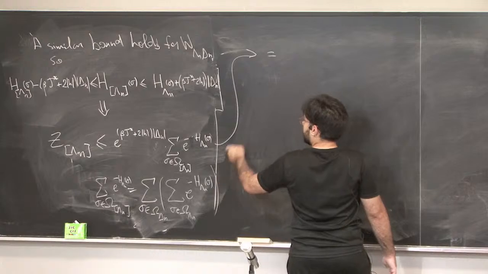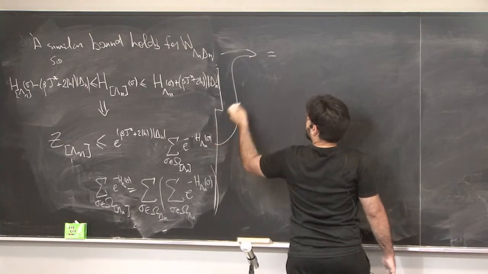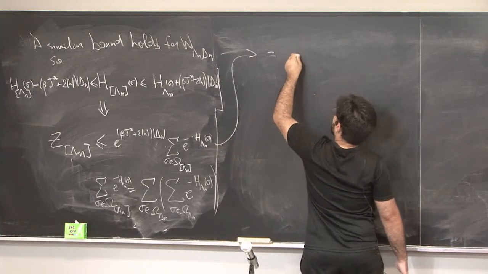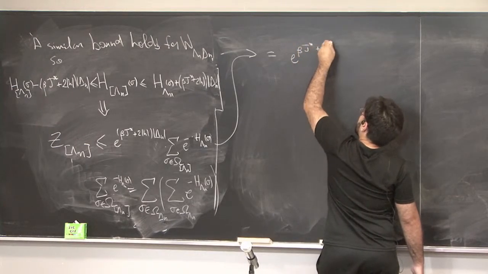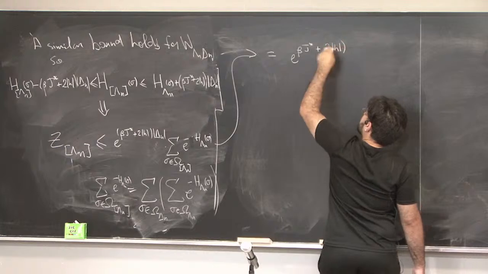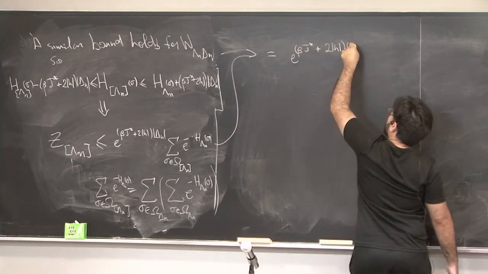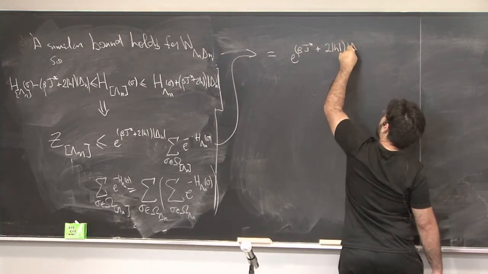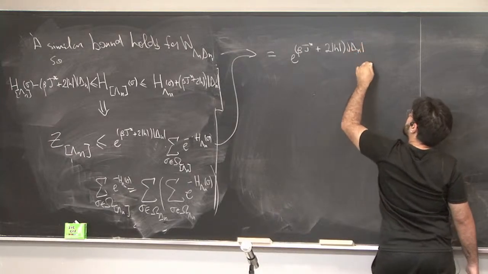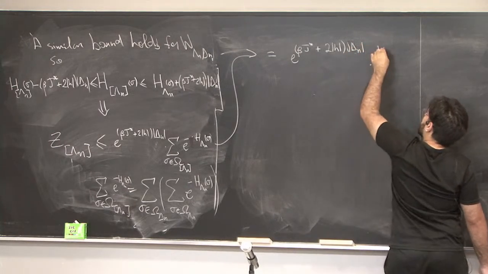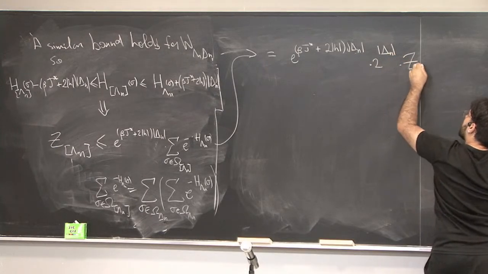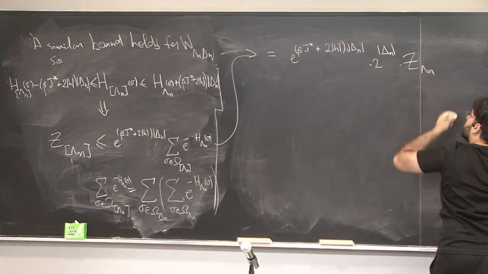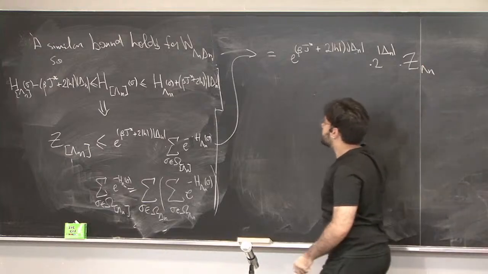So this over here will be equal to e to the beta j star plus 2h times the size of delta n, times 2 to the size of delta n, times z of lambda n, the partition function of lambda n.